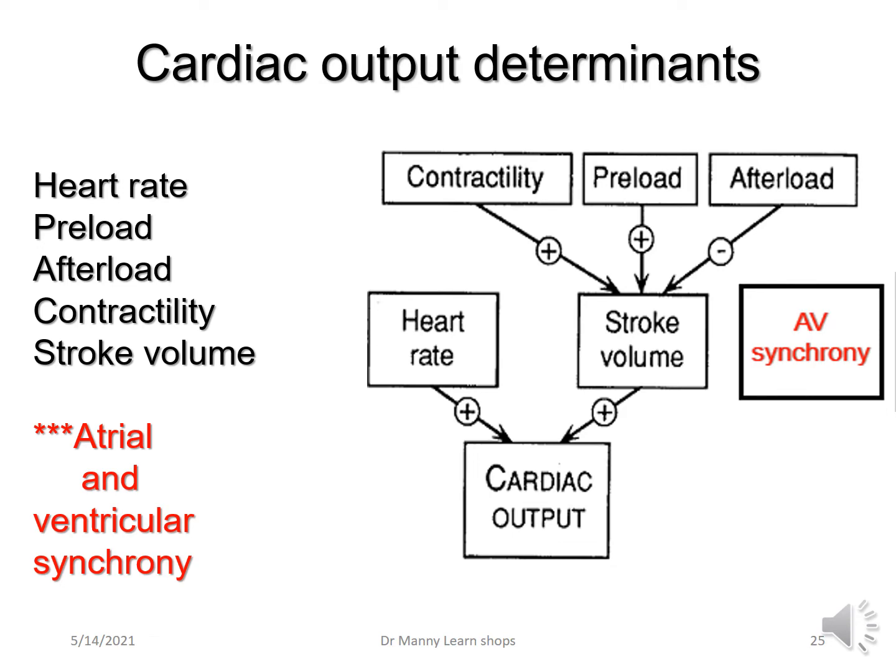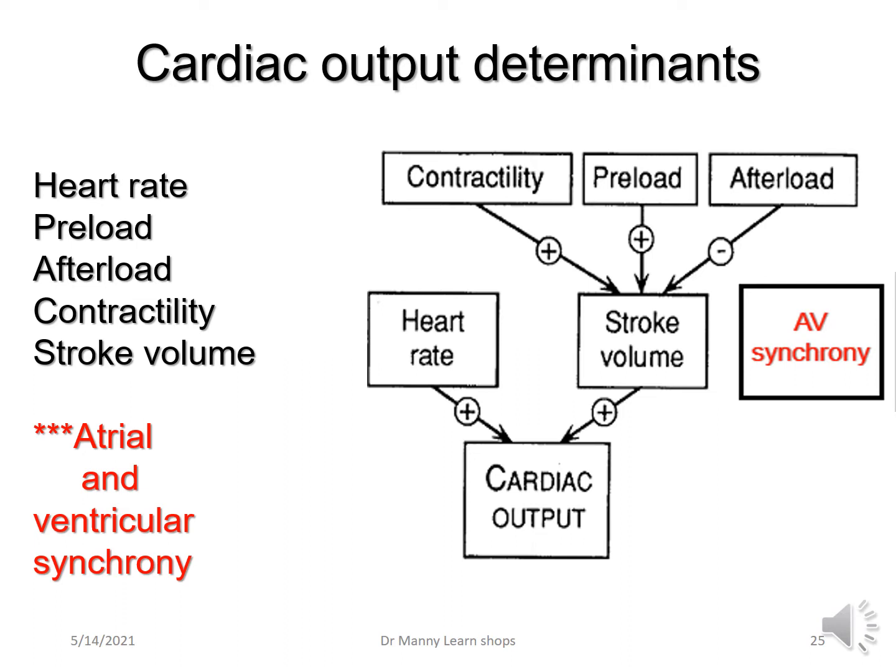synchrony with each chamber. So atrial ventricular synchrony basically means that the atria contract first, emptying the blood from the atria into the ventricles. This is the atrial kick or atrial contraction. And this then results in the ventricles being filled actively.